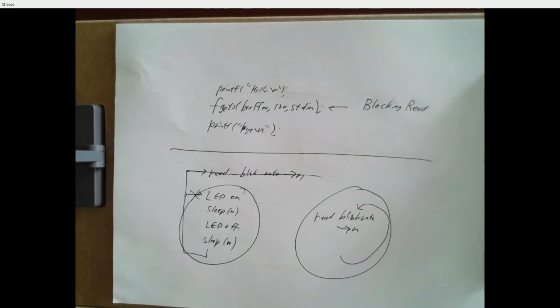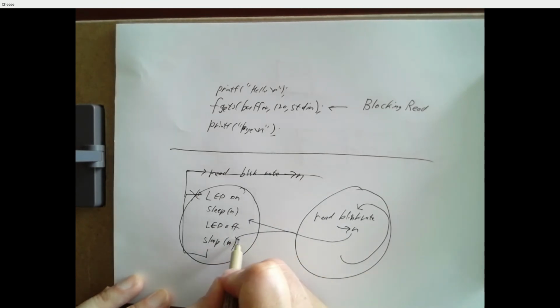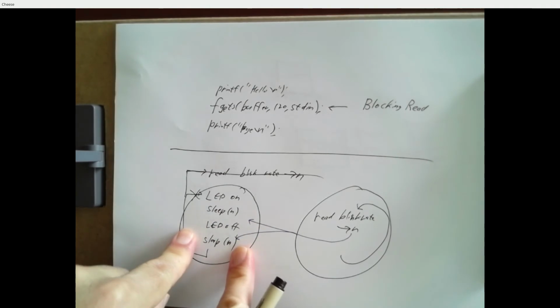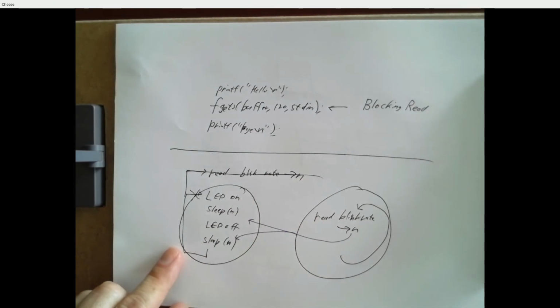But somehow, once the user types in a number and hits enter, that new number is going to get sent to this thread. And it's going to somehow change the value that this thing sleeps, the amount of time it sleeps.